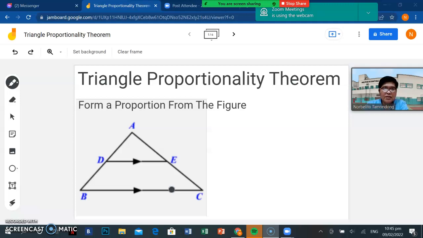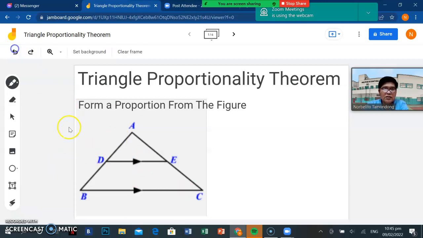The triangle proportionality theorem states that if a line intersects two sides of a triangle, then it divides the two sides proportionally. Meaning, if a line intersects two sides of the triangle and is parallel to the third side, then it divides the two sides proportionally.